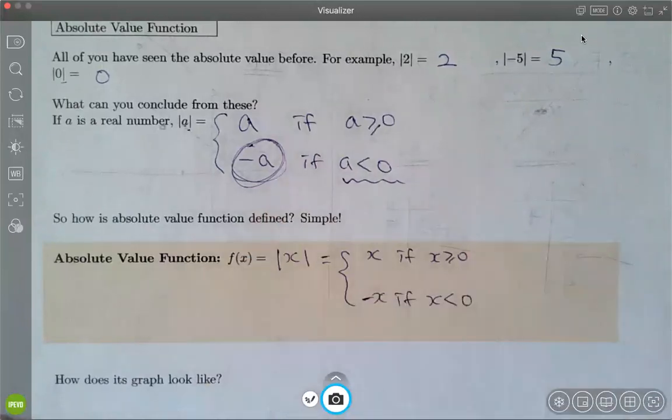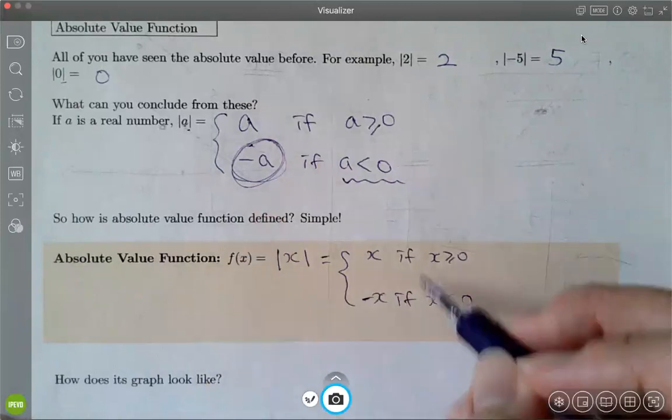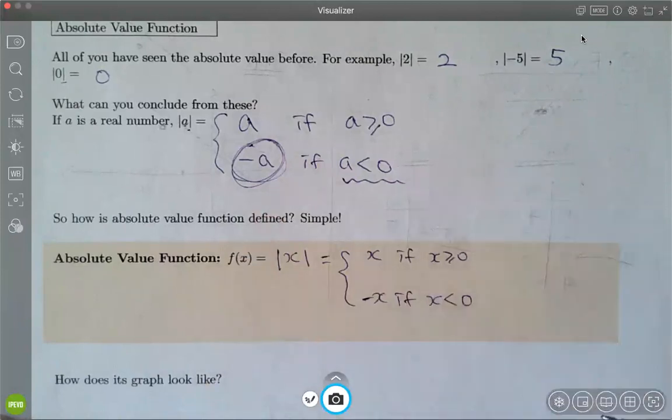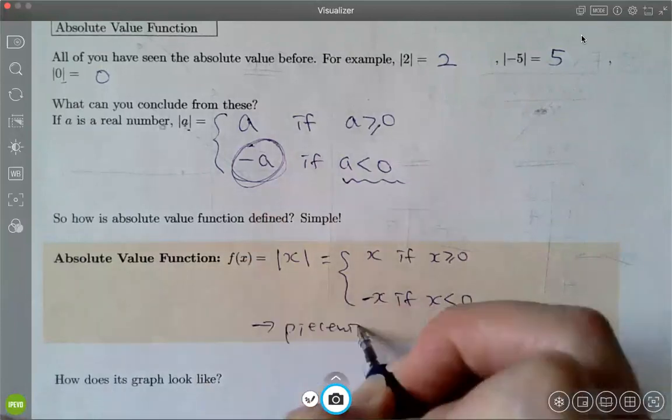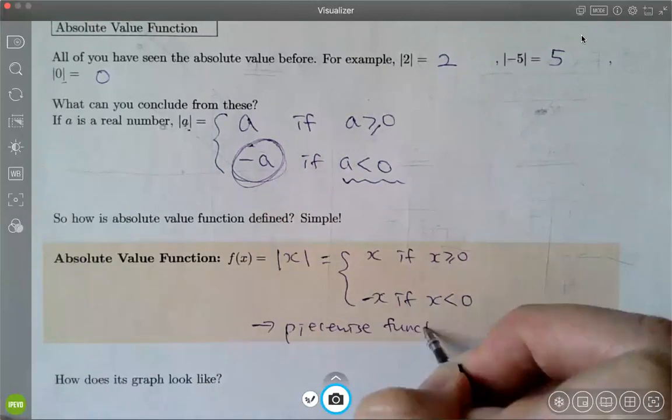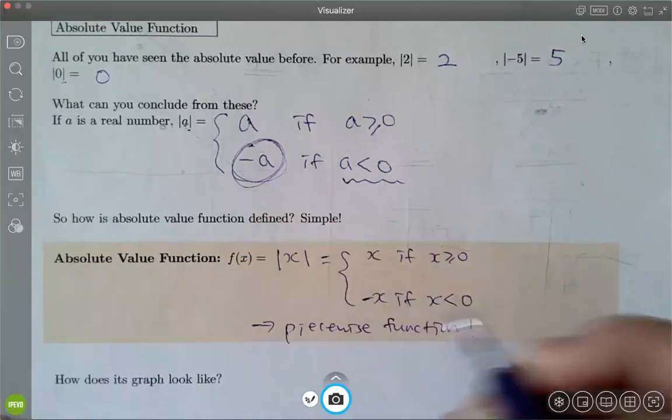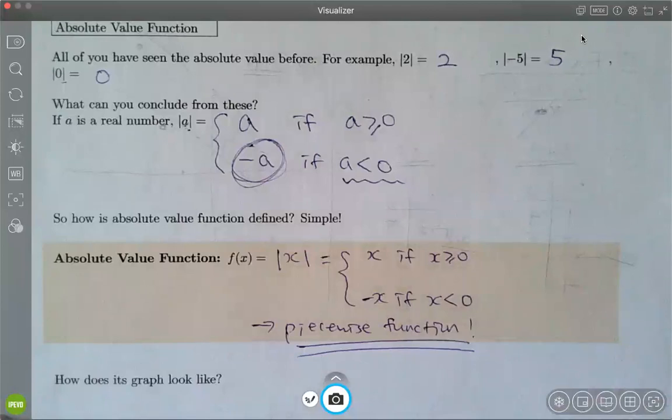Okay, so there are the if parts and the open curly bracket. And where have we seen this before? Piecewise function, right? Okay, so this absolute value function is a piecewise function.